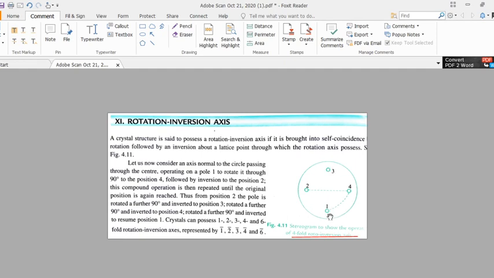So from where I started, I come back. Now you can understand that a crystal can possess 1, 2, 3, 4 and 6 fold rotations, and in the same way you have certain inversion axes. The inversion axis is shown by a bar, that is 1 bar, 2 bar, 3 bar, 4 bar and 6 bar. So this is one of your combinations out of 32, that is a rotational inversion axis. Sometimes it is also called a roto-inversion axis.